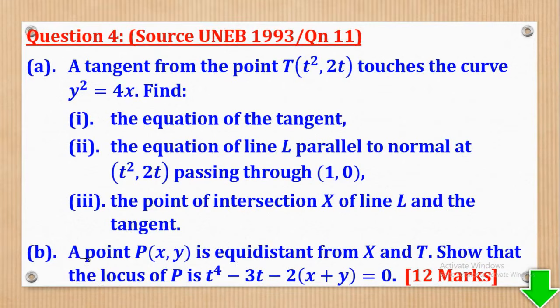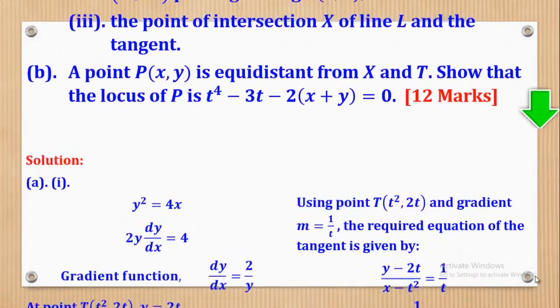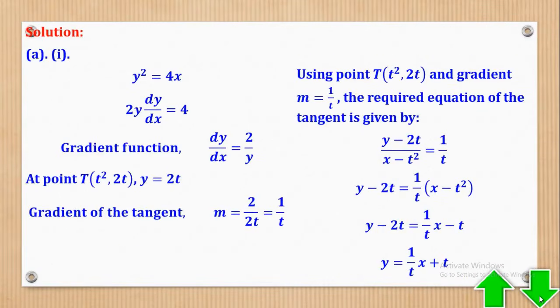Part B says a point P is equidistant from X and T. Show that the locus of P is given by that. So equidistant means equal distance. That means that distance XP is equal to distance PT. And the good thing, we already know how to get the distance between 2 points.